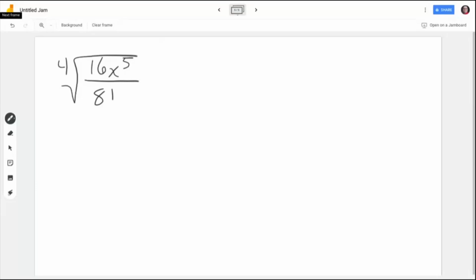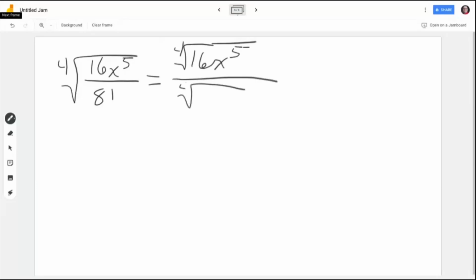Not addition and subtraction, no, only division and multiplication. So in this case, we can apply that fourth root to the numerator as well as the denominator separately. So we can make this the fourth root of 16x to the fifth divided by the fourth root of 81. And then we could work these separately.